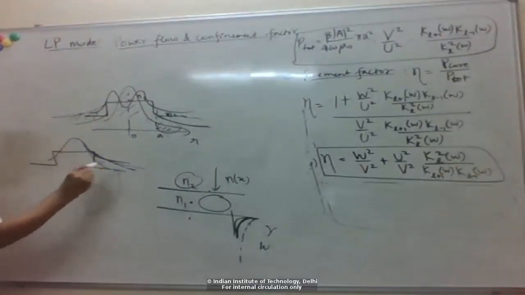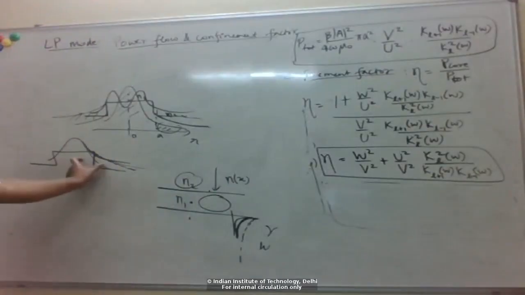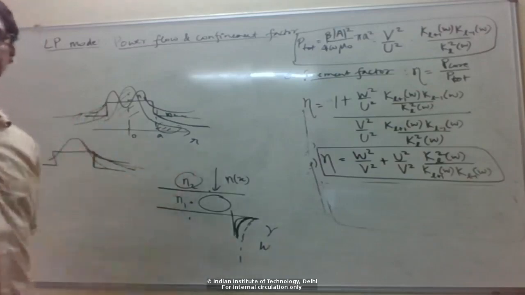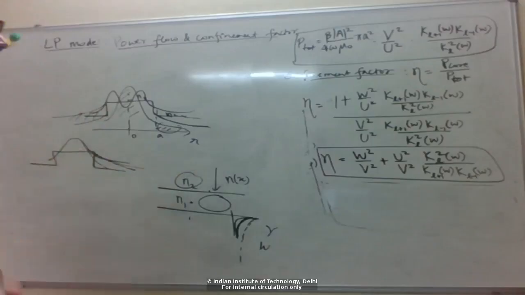For the step index, it will fall faster because the index difference is larger. So there are some qualitative arguments like this that you can make. But if you want exact values, of course, then you have to solve for modes.